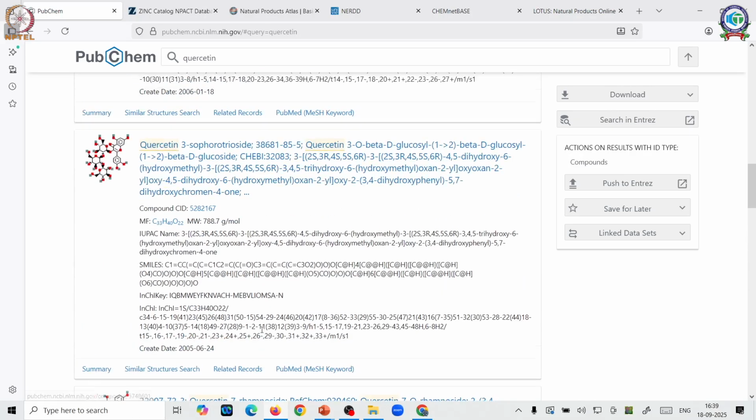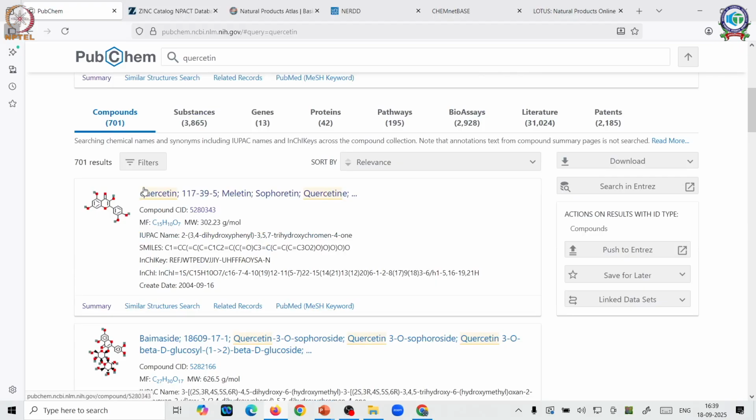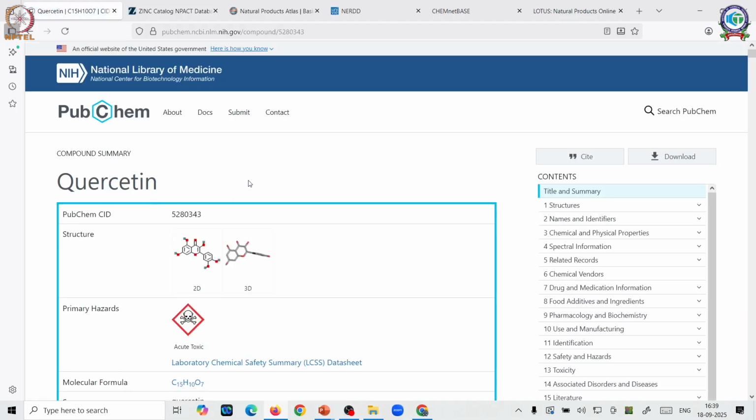So let's quickly click on quercetin as a native molecule. Now when I click on it, you can see towards this side whatever the site has to offer.